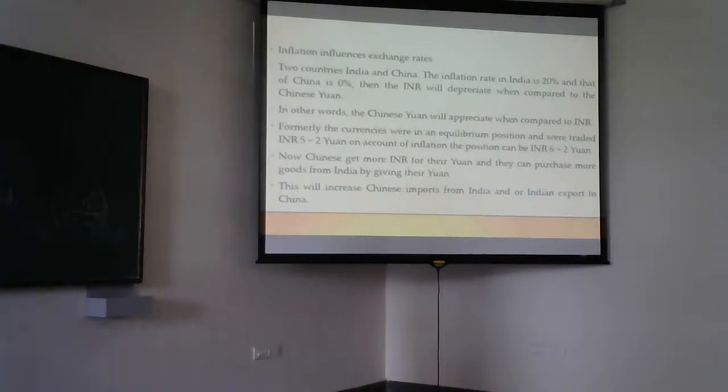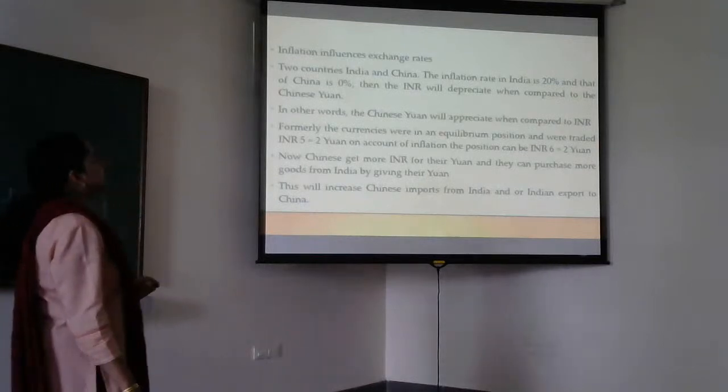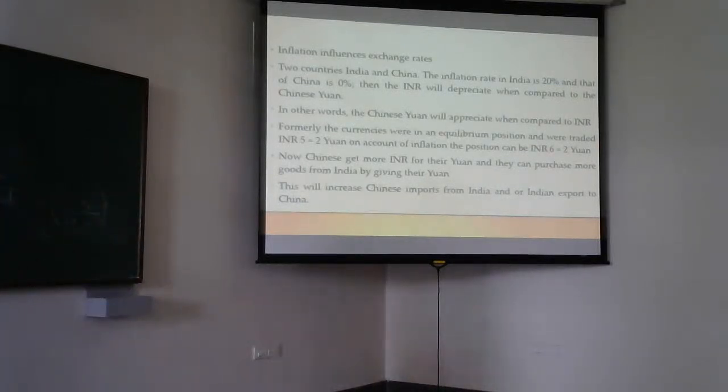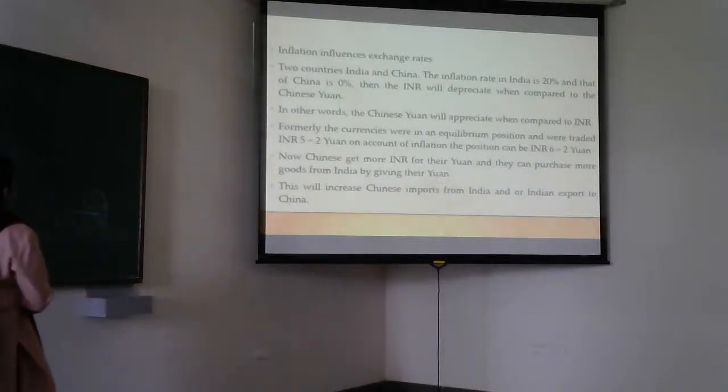Why is this happening? Prashant, can you tell me why this depreciation and appreciation is happening? Because of the inflation. Formerly the currencies were in equilibrium and traded at INR 5 is equal to 2 yuans. On account of inflation, the position can now be 6 Indian rupees is equal to 2 yuans. Now see what they are talking about.